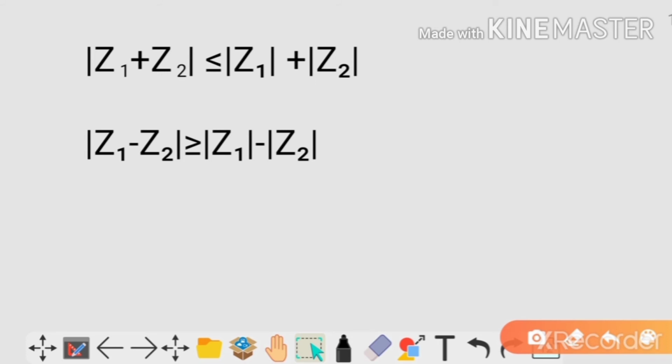Here, the modulus of Z1 plus Z2 is less than or equal to the sum of the two individual moduli. Similarly, in subtraction, if we take the subtraction of the two complex numbers and take the modulus, that can be greater than or equal to the difference of the individual moduli.